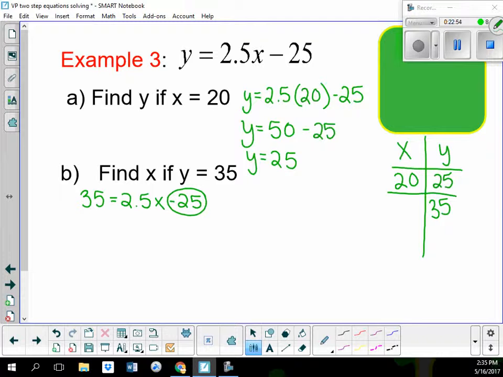And what we know is that we have some number here minus 25 has to equal 35. Okay, so we have to figure out what this number is going to be. What this has to be so that after 25 is subtracted it is going to be 35. So I'm going to show you a little strategy you're going to learn more about in 7th grade. But I'm going to add this 25 to this other side. So I know that 60 is equal to 2.5x.